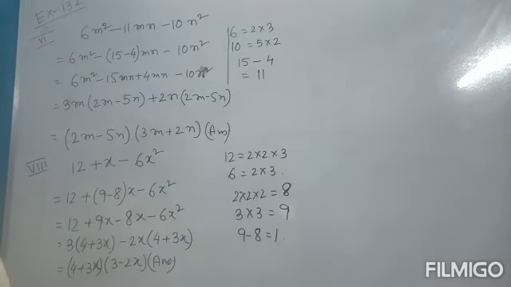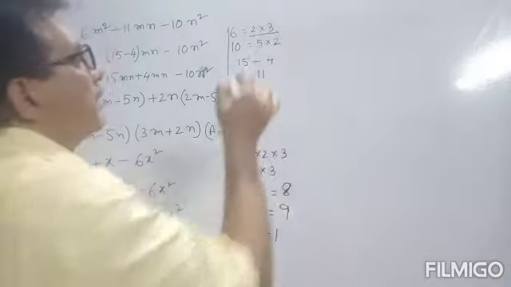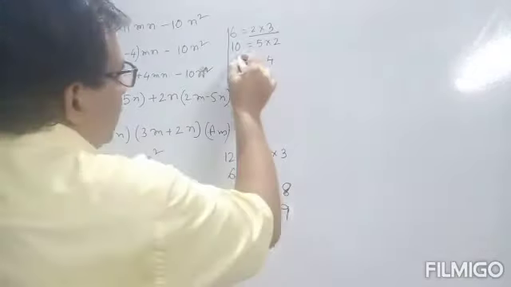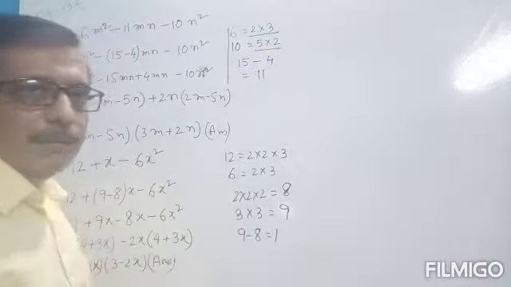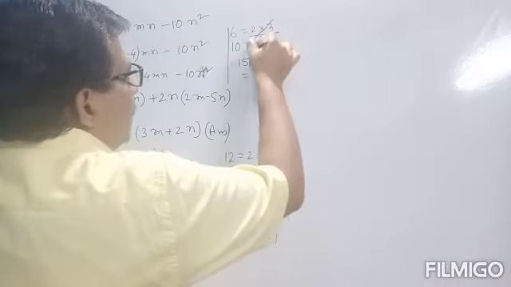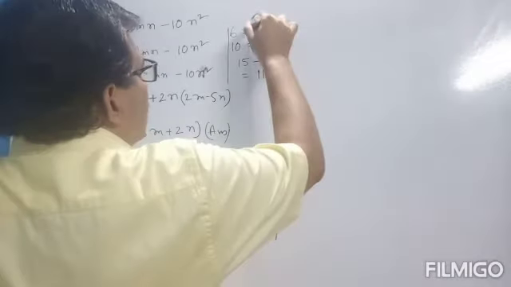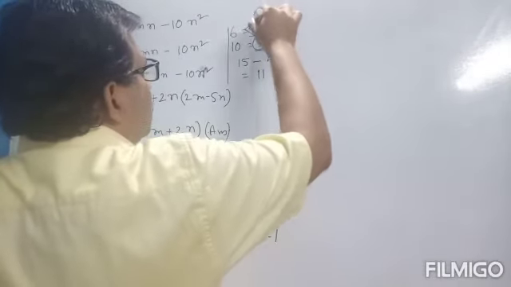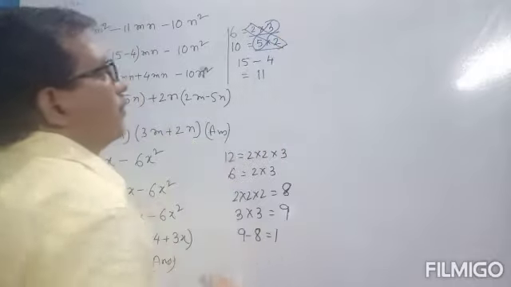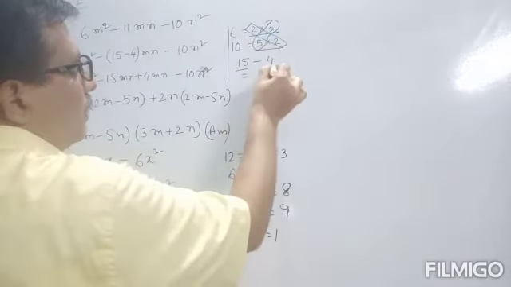Now 6 can be written as 3 and 2 prime factors, and prime factors of 10 are 5 and 2. Now in this way, take 3 into 5, that is 15, and take these two, 2 and 2, that is 4.